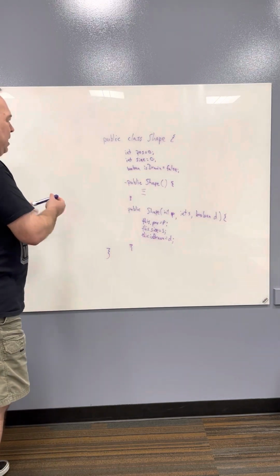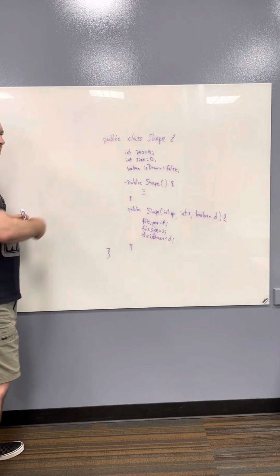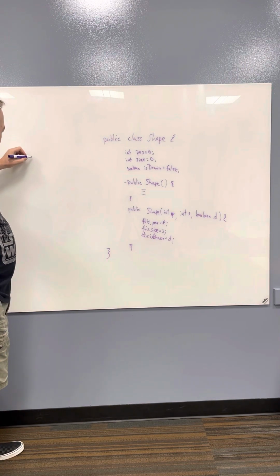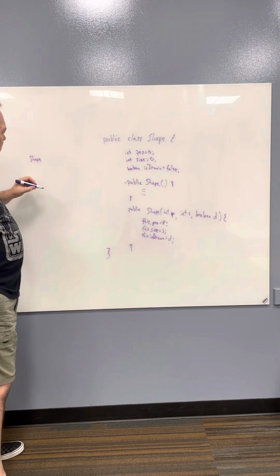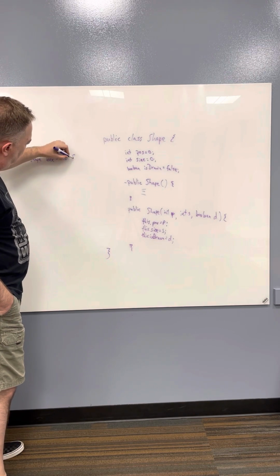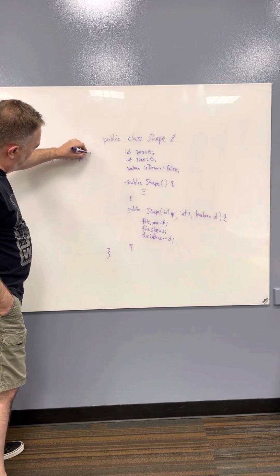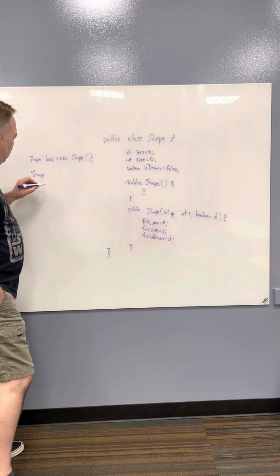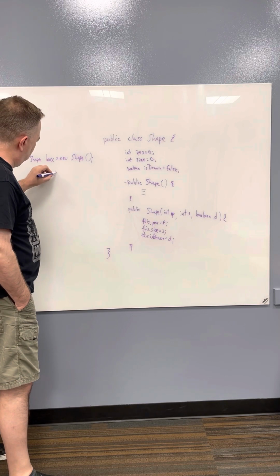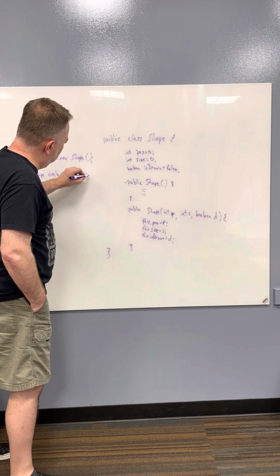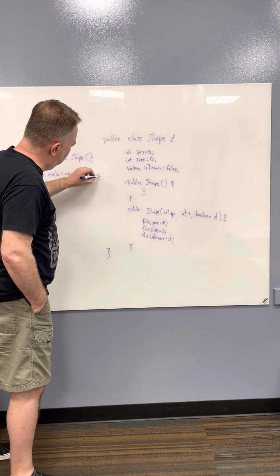So I'm over here in my driver class using the shape, and I might say something like Shape box is equal to new Shape. Shape circle equal new Shape, 115, true.